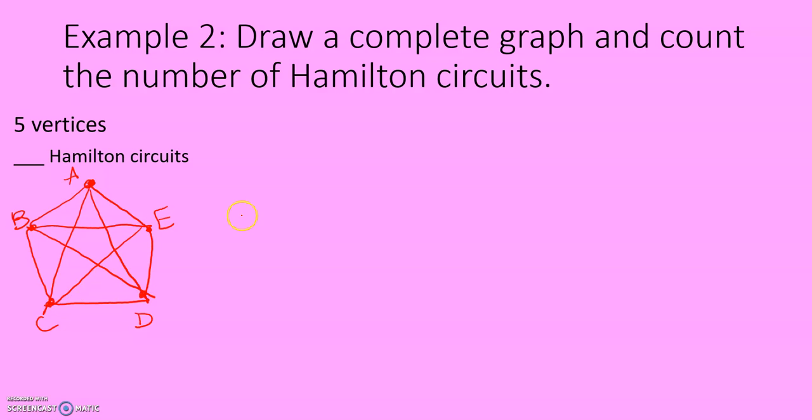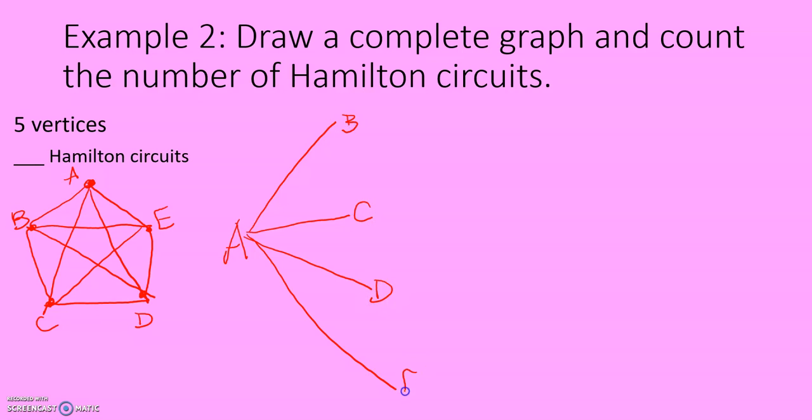So if we start at A, we can go to B, C, D, or E. If we went from A to B, we could then go to C, D, or E. If we went A, B, C, we could then go D, E. A, B, D, we could then go C or E. Or A, B, E, we could go C or D.